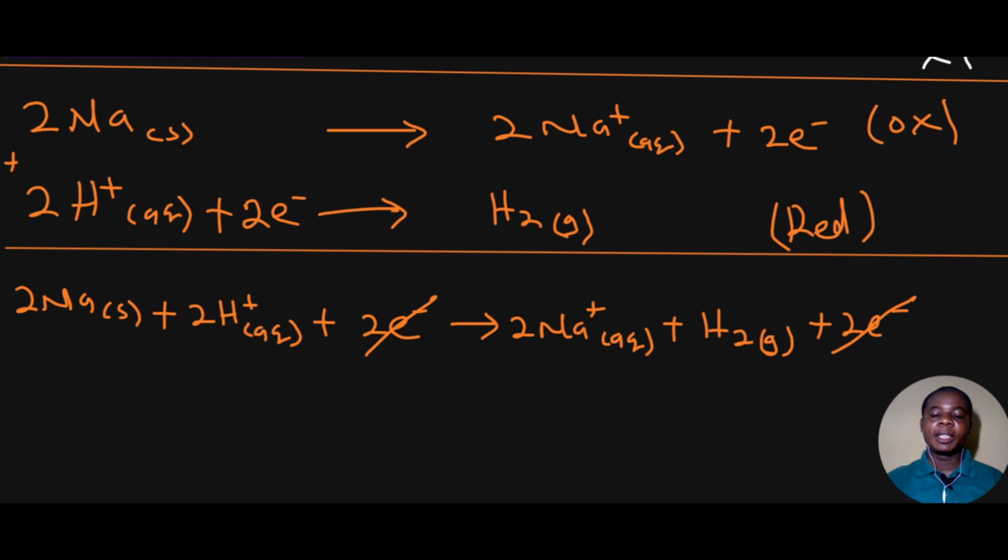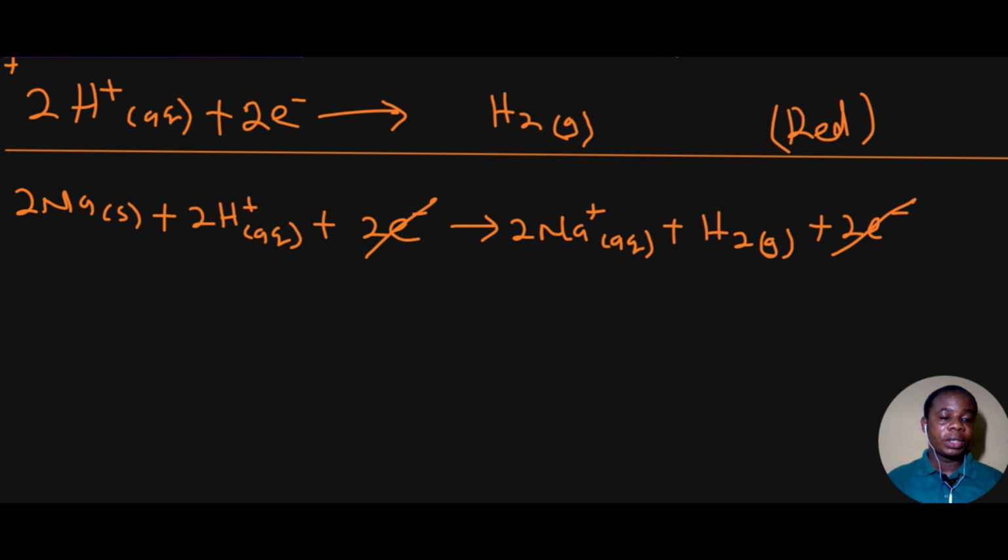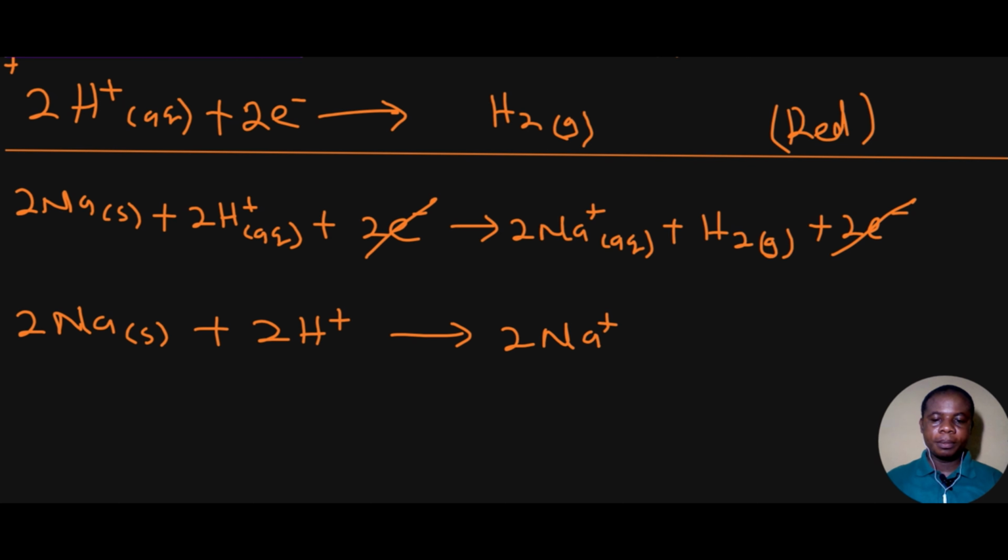This cancels this. Then the overall equation becomes 2 sodium solid and 2 hydrogen ion, then 2 sodium ion and hydrogen gas. So this is the net equation, and we say the equation is balanced.